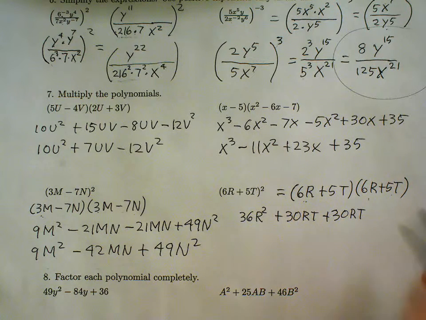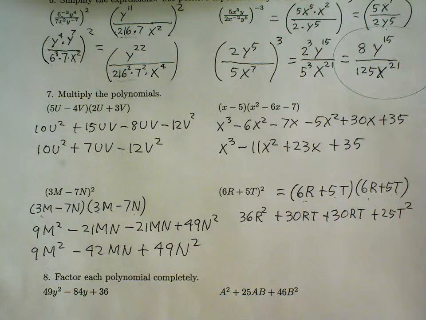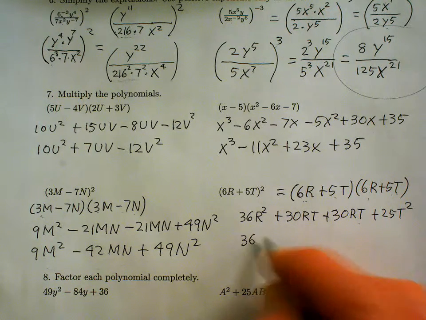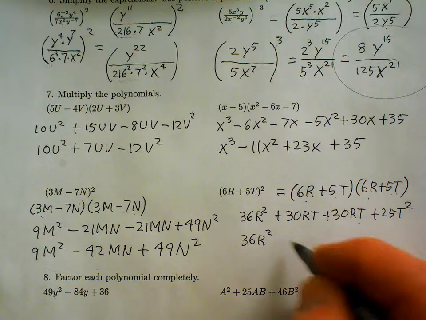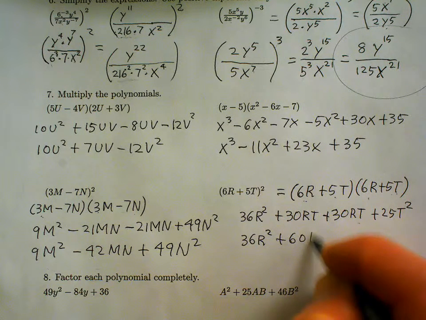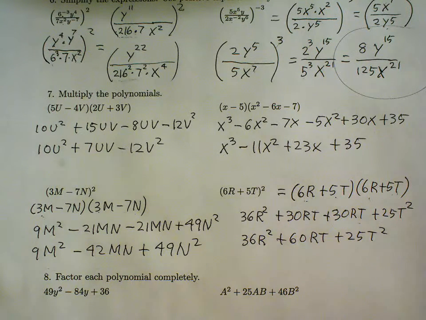And then finally, plus 5t times 5t is plus 25t to the second. The two middle terms are like terms that can be combined by adding. So we get the final result, 36r to the second plus 60rt plus 25t to the second.